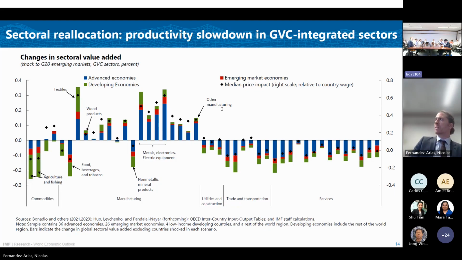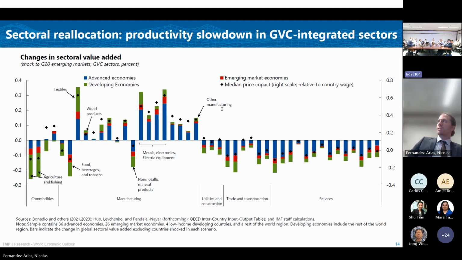The other interesting takeaway from this analysis is that the contribution of different income groups to the changes in sectoral value added depends on the sector in an intuitive way.